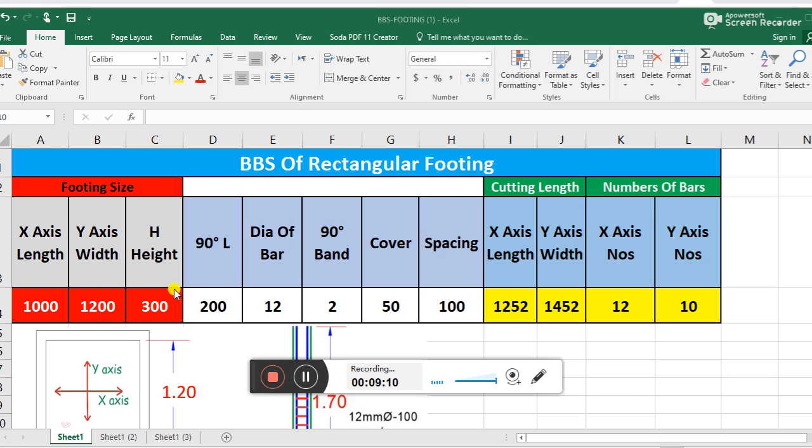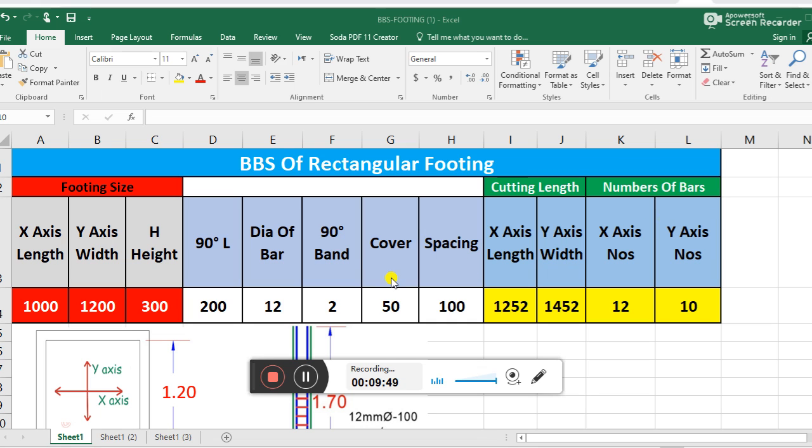These all dimensions are in millimeter. 90 degree L is 200, diameter of bar is 12, 90 degree bend is 2, cover is 50, spacing is 100. Cutting length in y-axis length is 1252. In y-axis the width is 1452. X-axis number of bars is 12. In y-axis it is 10.